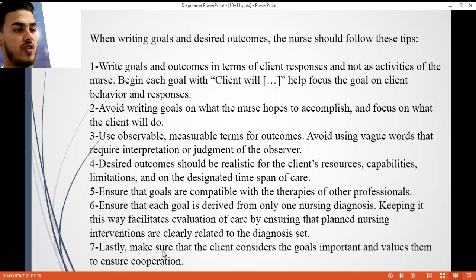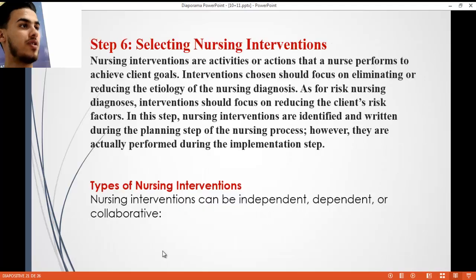Lastly, make sure that the client considers the goals important and values them to ensure cooperation. So by setting goals, the patient will respond to the therapy easily and he will get healthy again soon.